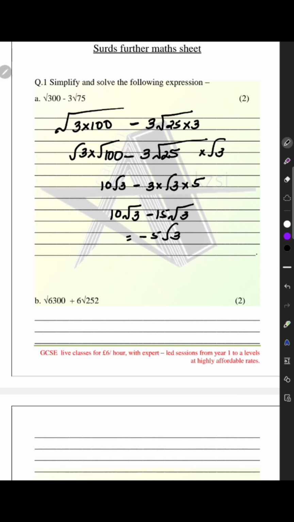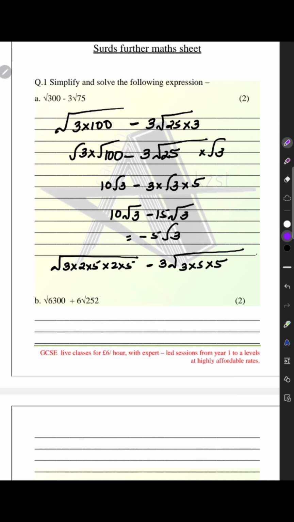The other method was prime factorization, and this is actually a very long method, but still we can try. That means 300 can be written as 3 times 2 times 5 times 2 times 5, minus 3 times 5 times 5 for 75. Now I just need to take out the pairs.